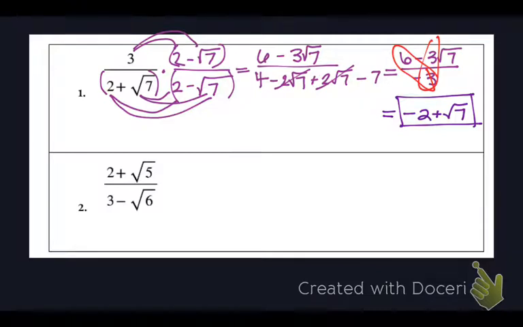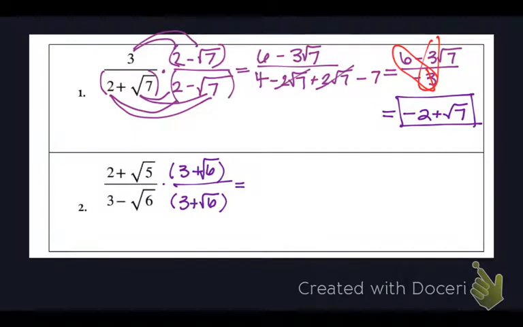And then for number 2, I have 2 radicals, but again, it's the denominator that we're trying to work with. So we're multiplying by the conjugate of the denominator, top and bottom. Okay, and with the distributive property, we've got to multiply all 4 things together.